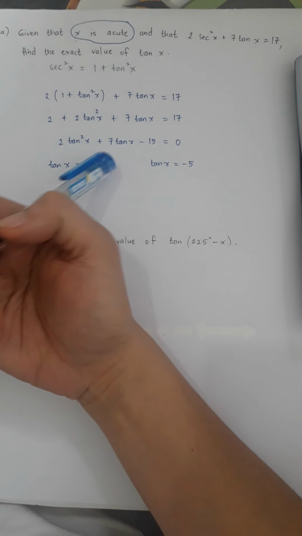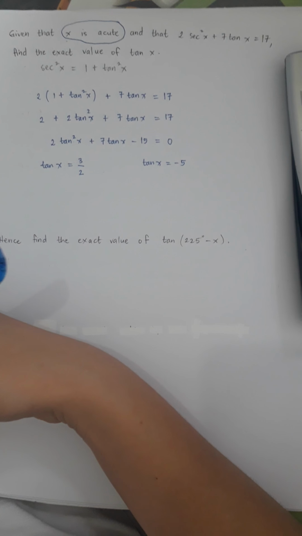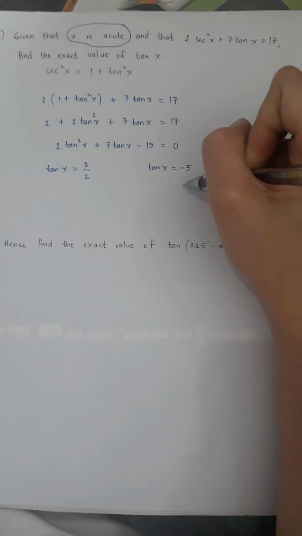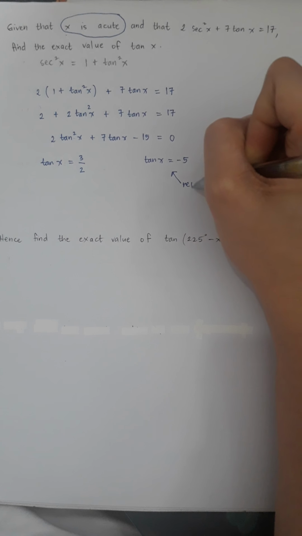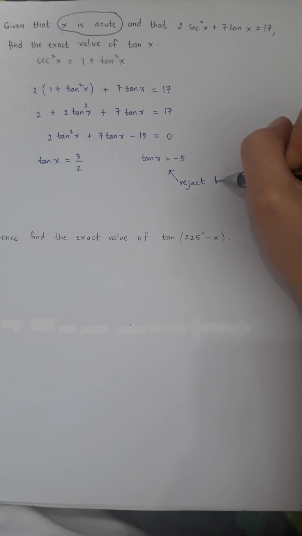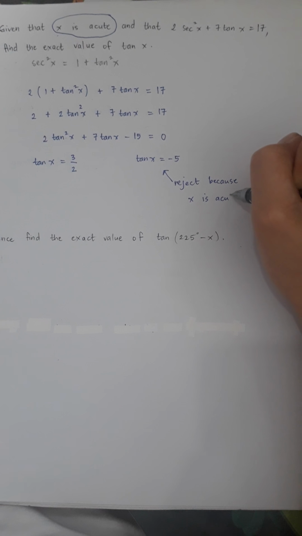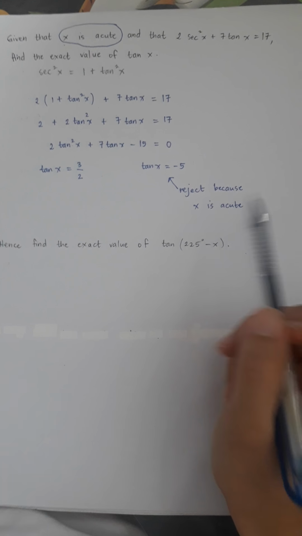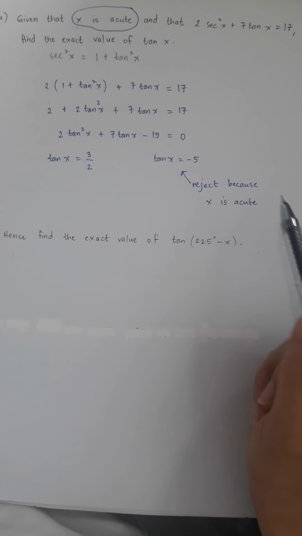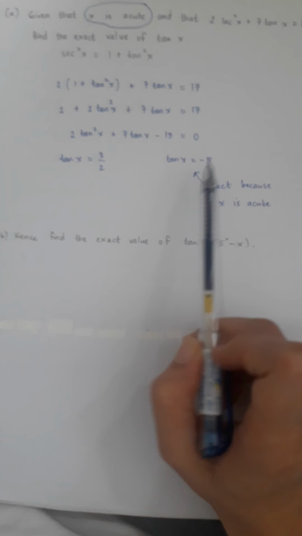And since we're dealing with tangent x, in the first quadrant, tangent is positive. Therefore, we are going to reject this value of tangent x because x is acute. If x is acute, then x is in the first quadrant. And in the first quadrant, tangent x should be positive. That's why we're rejecting this.